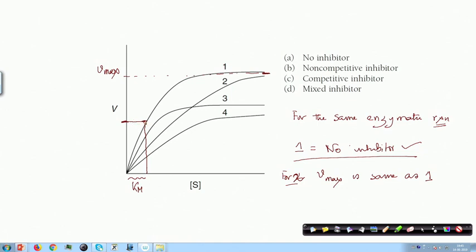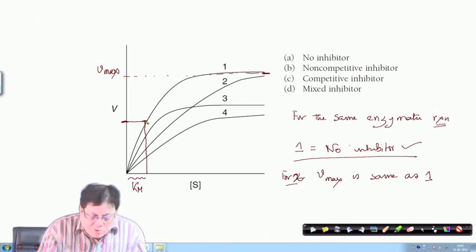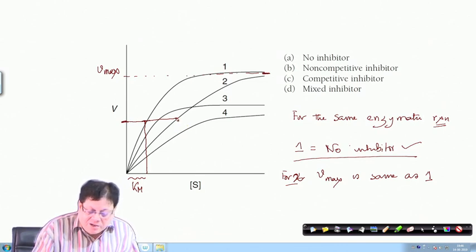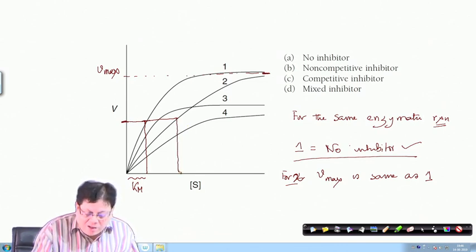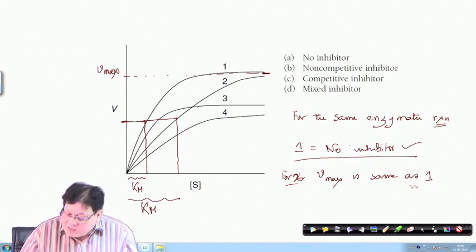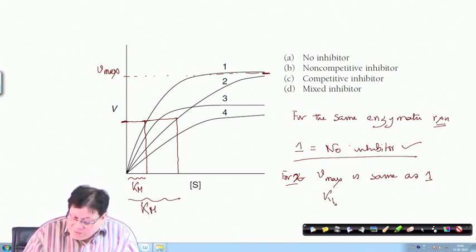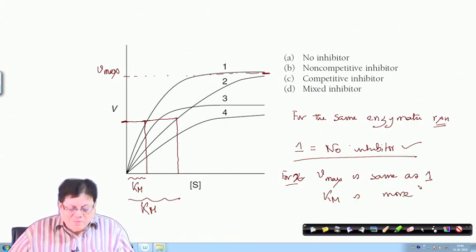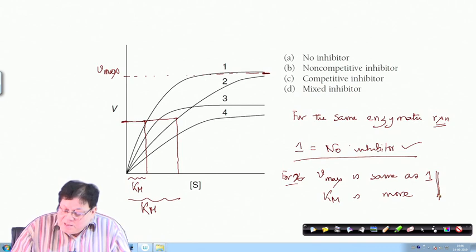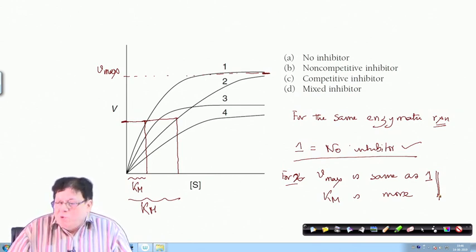Now you extend this line up to 2. This is where the half Vmax line cuts this graph, and you draw a perpendicular to see the value of Km. So, for 2, Vmax is the same, but Km is more as compared to 1.